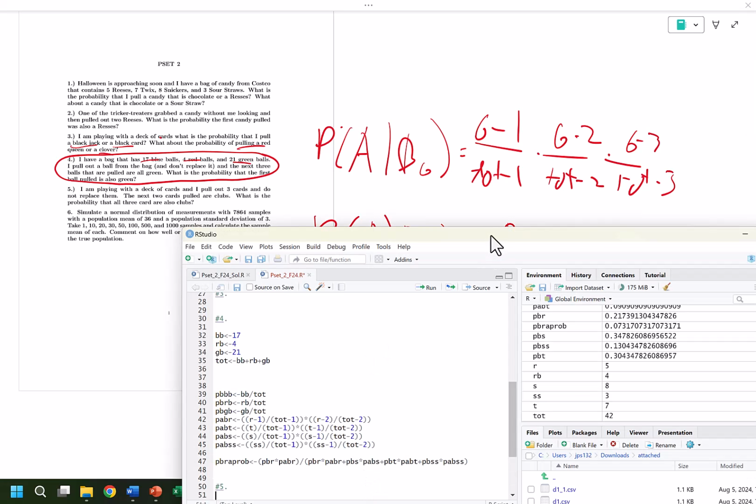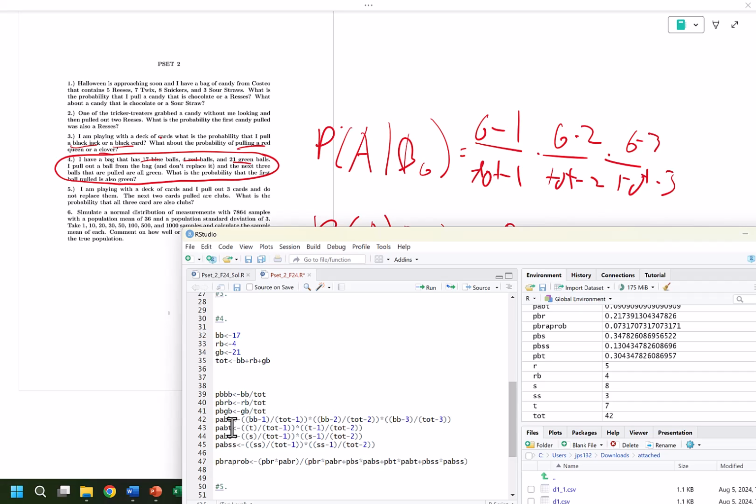So let's get to it. I'm going to say probability A, blue ball, PABB, is going to be my blue ball -1 over tote -1 times my blue ball -2 over tote -2 times my blue ball -3 over tote -3.